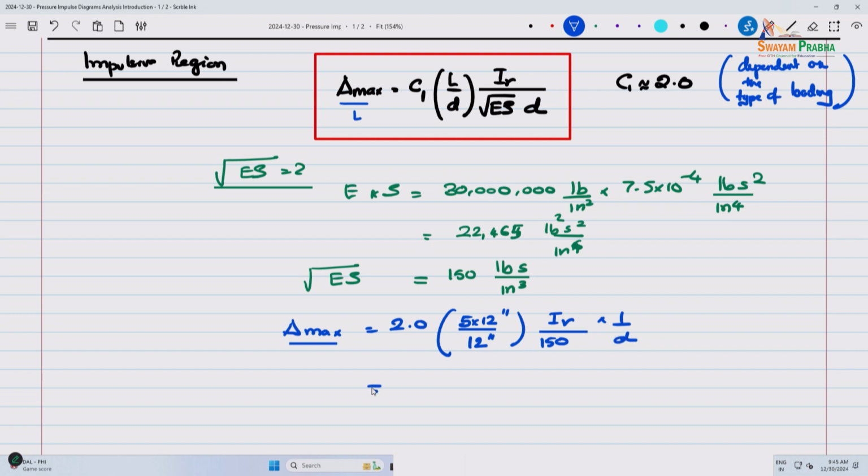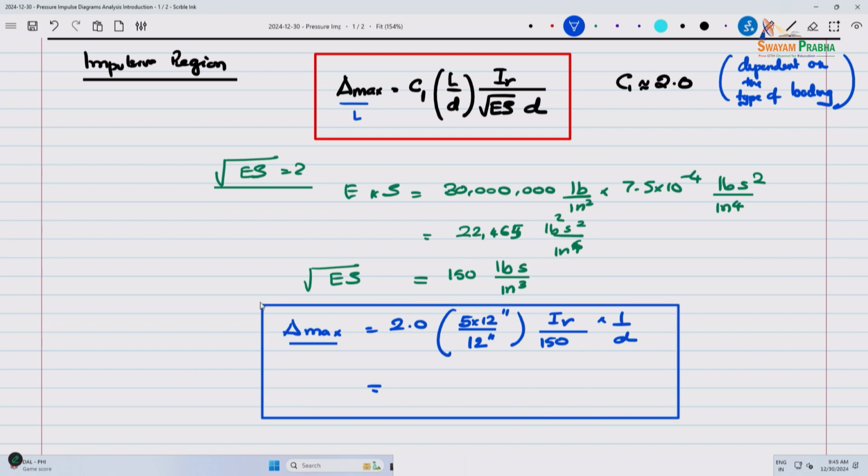So you can calculate this based on the IR value. I don't quite specify, but basically what I wanted to point out is make sure your units are quite consistent.